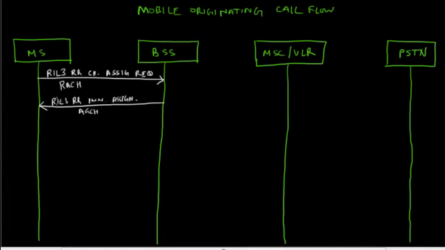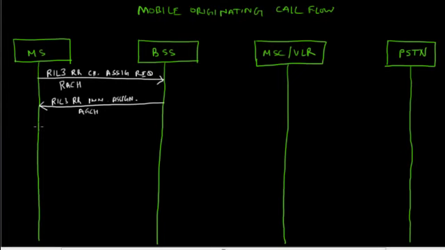In this response, it has the standalone dedicated channel information or allotment information for mobile to use from now onwards. So mobile has the information of the standalone dedicated channel.